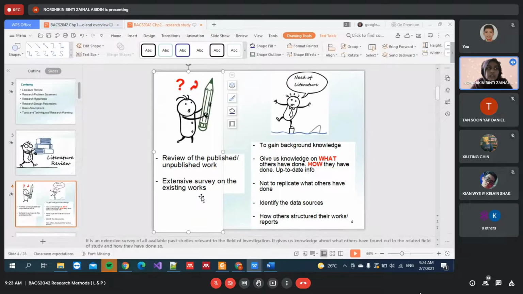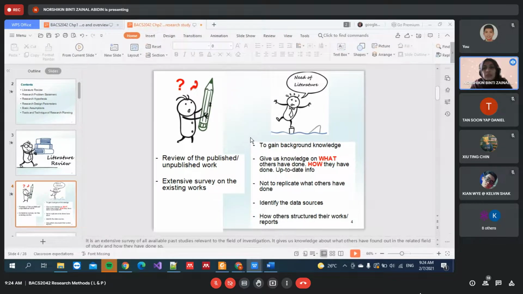That means you go for other, previous research that is related to your research. So why do you need to write your LR? You write LR to gain background knowledge, because research is not something where you can simply Google your answer.